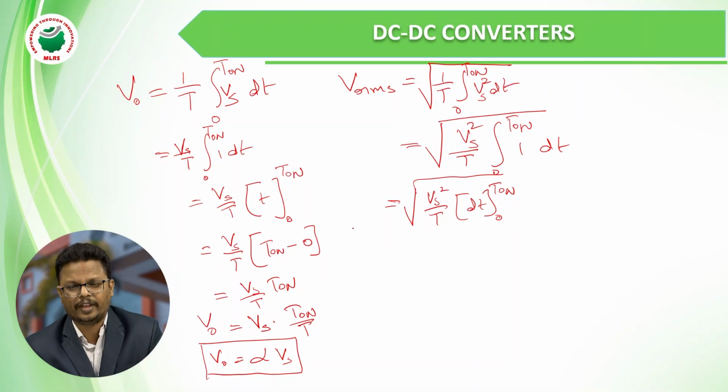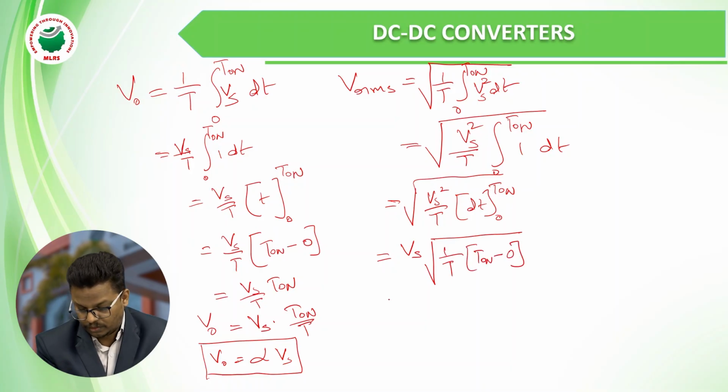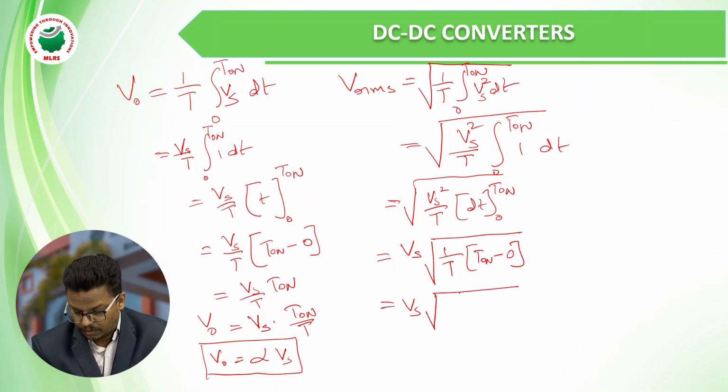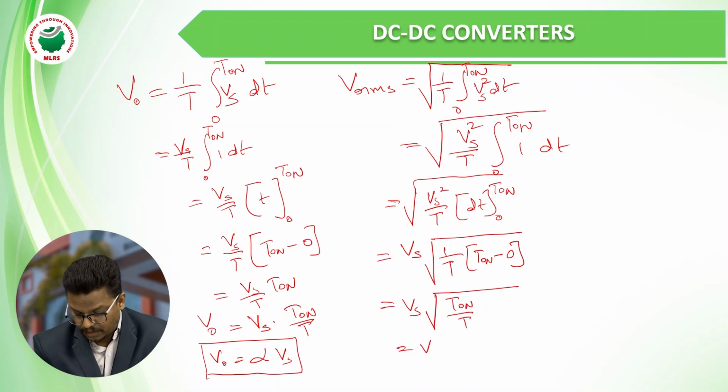Vs squared is taken out, so that the square root and the square will cancel each other. So Vs, and here 1 by T. The limits will be substituted, T on minus 0. So Vs into square root of T on by T. In a similar way, the duty cycle is T on by T, denoted with alpha.